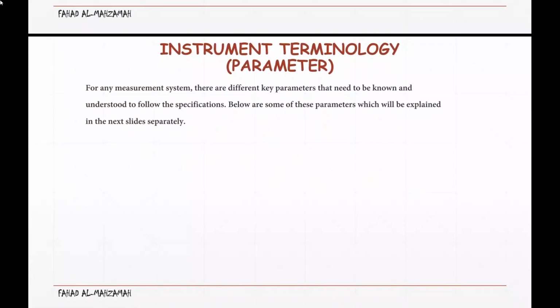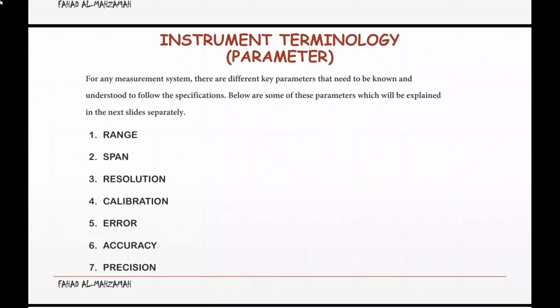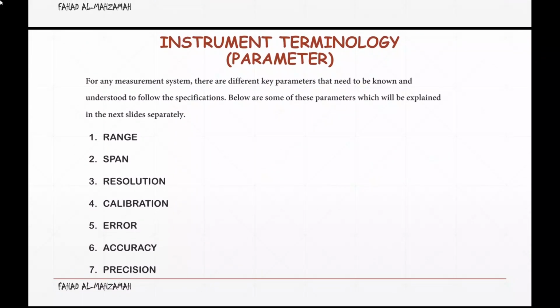For any measurement system, there are different key parameters that need to be known and understood to follow the specifications. Below we will list some of these parameters or terminologies, which will be explained in the slides one by one. The first is range, the second is span, then resolution, calibration, error, accuracy, precision, and all of these will be studied in one experiment, the first experiment in the pressure measurements lab session.